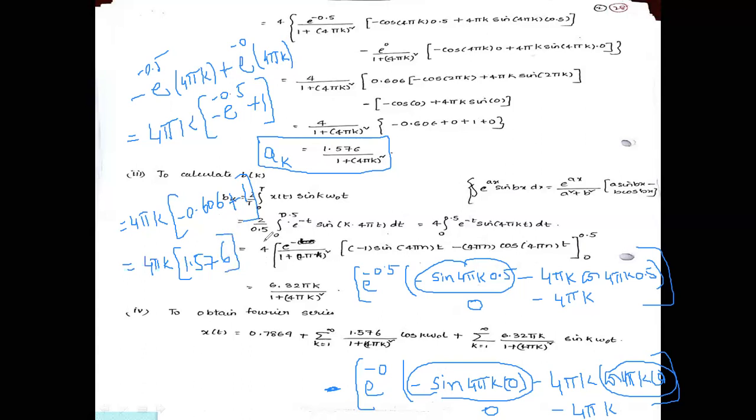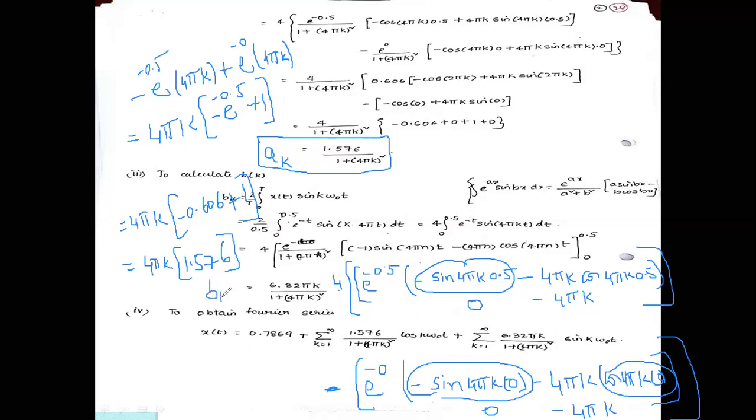Here the 4 is multiplied with these two terms. So 4 into minus 0.606 plus 1 gives 1.576, into 4 pi k. So what is 1.576 into 4? Nothing but 6.32 into pi k. This is b of k, my dear students.